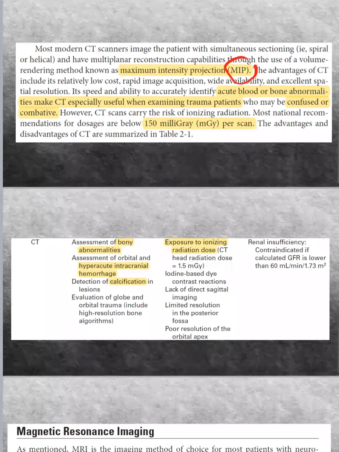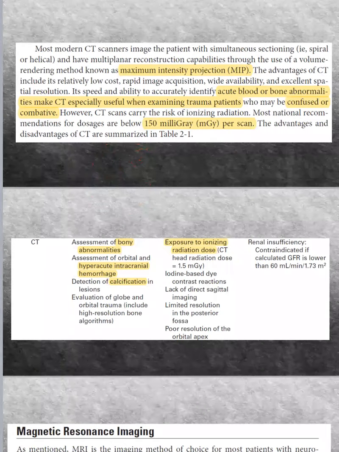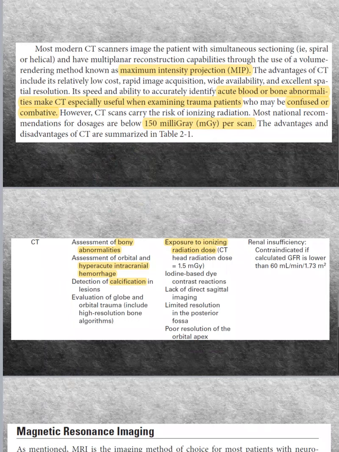What about this one, which is maximum intensity projection? This is to track something or to make a tractography for some nerve, like the third nerve or the fourth nerve or the sixth nerve or the second nerve, using the maximum intensity projection, which is formed of helical or spiral cuts together with other cuts, and these cuts are connected to each other to get a stereoscopic view of something.